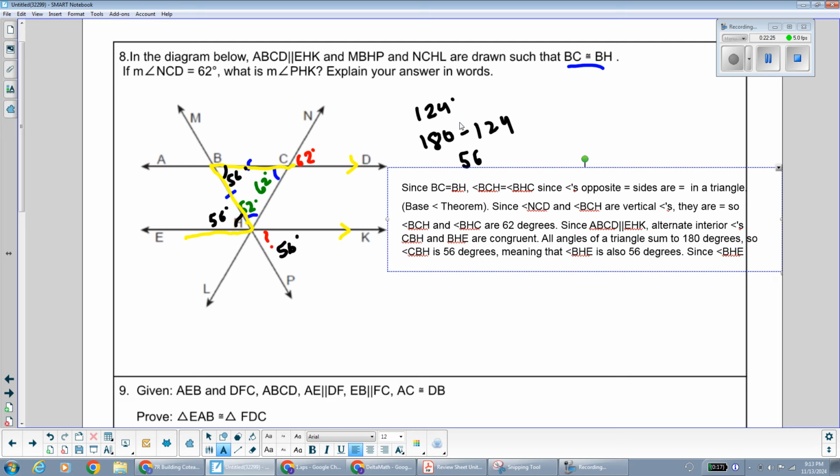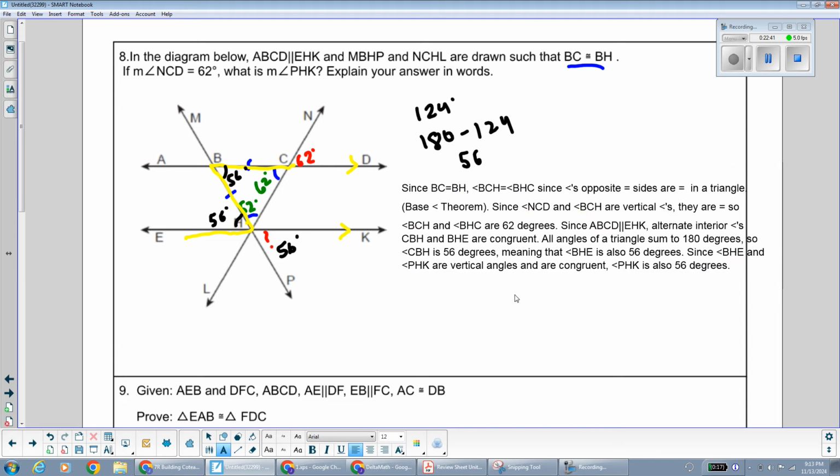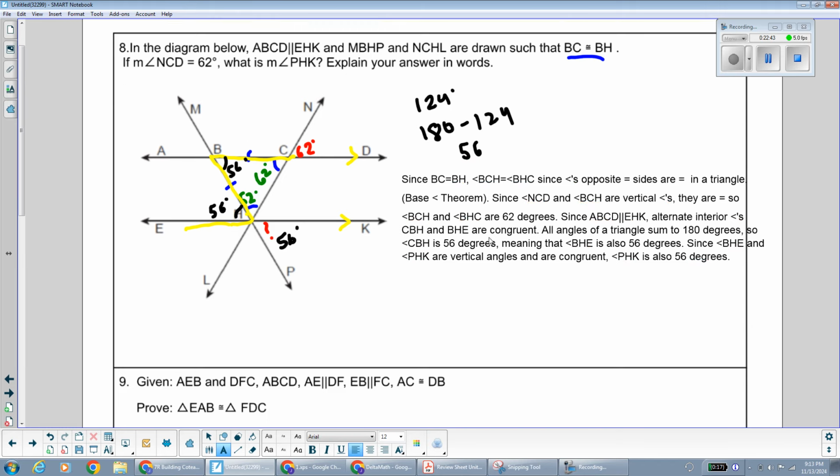Since angle BHE and angle PHK are vertical angles and are congruent, angle PHK is also 56 degrees. Once again, the only thing that you get graded on for an explanation question is what makes it into your explanation in words.